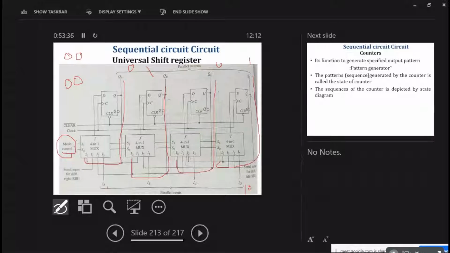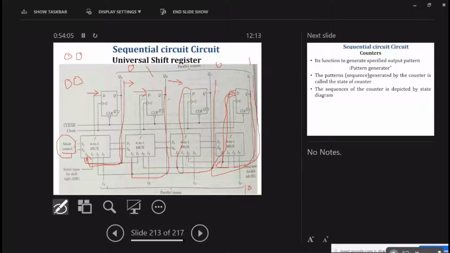So we will get this same value at the D input, the same value at this input, and so on through each. So in the next clock pulse, we will get the same state at the output of each flip flop.